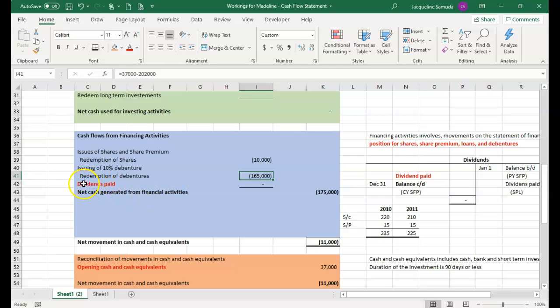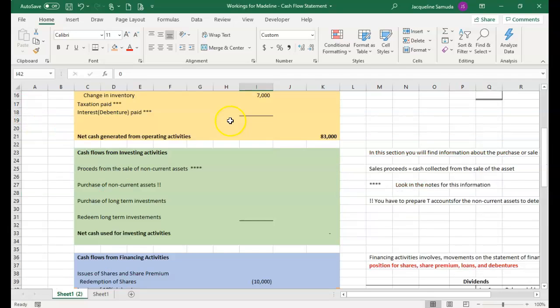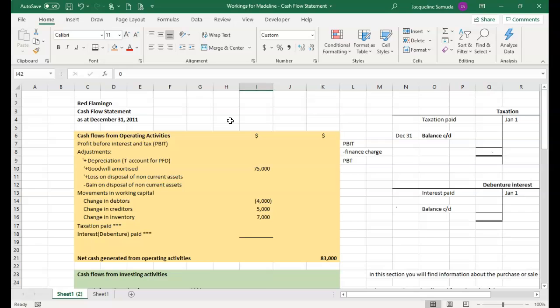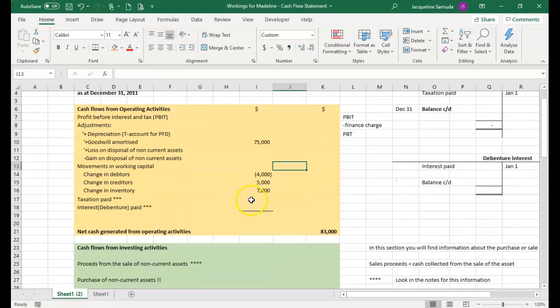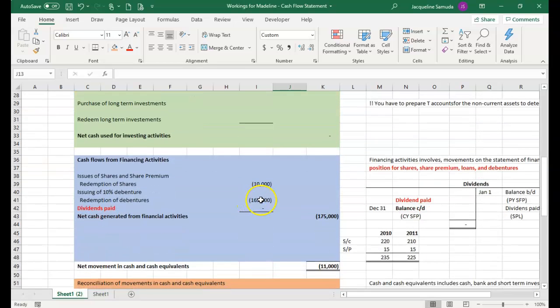So the only thing that we have left is the dividends paid to work out. Now, basically, that is it. So we have done all the simpler calculations. So just to recap, this would be the goodwill, the movement in the working capital, which is debtors, creditors, and inventory, the movements in shares and share premium, and the movements in debentures.